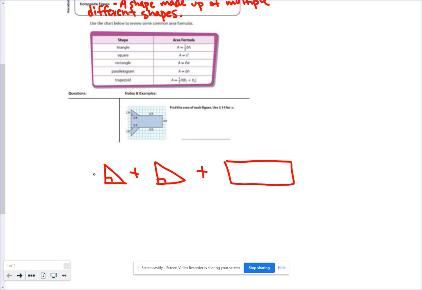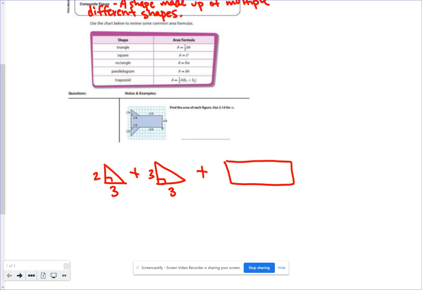Let's go label what we know. The first triangle, the top one, is 2 by 3. This triangle is just a little different. It is 3 by 3. And then the rectangle is what? We have to pay very close attention. I'm having a hard time reading that number.